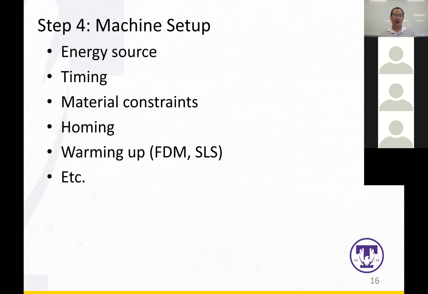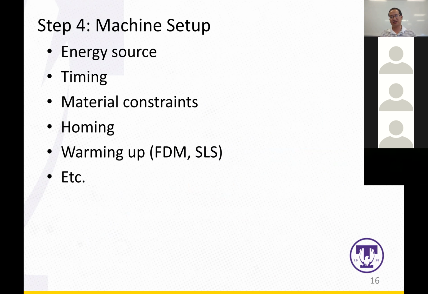All right, but even after you set up all the slicing, I mean each layer and also the tool path, you still need to set up the machine, right? Including some aspects like the energy source, what's the timing, right? Material constraints, and you have to home your machine and warm it up. For some processes like fused deposition modeling, you have to heat up your nozzle, right?